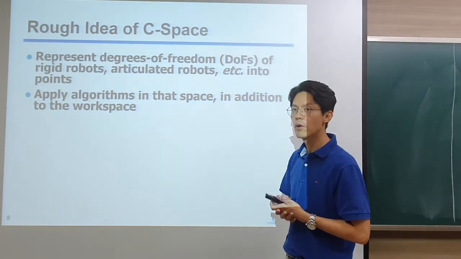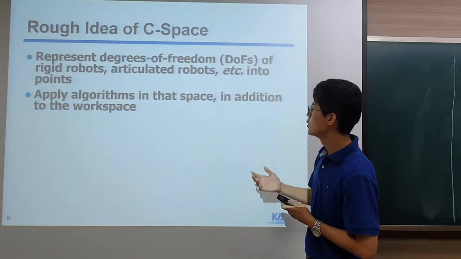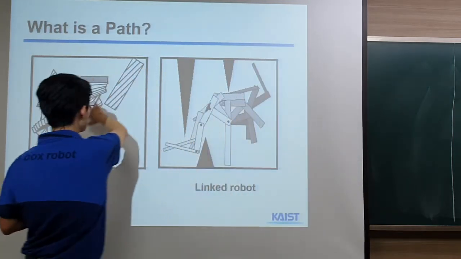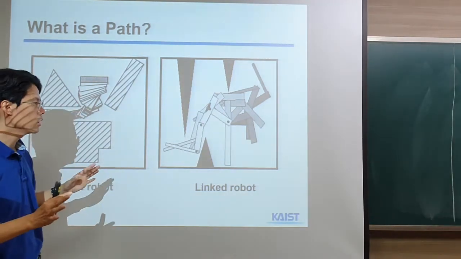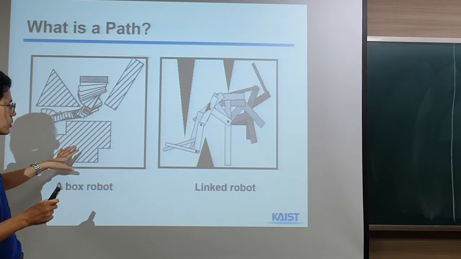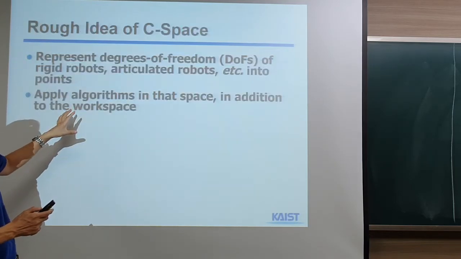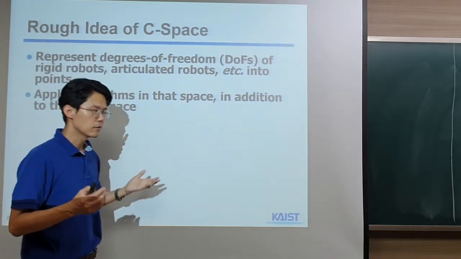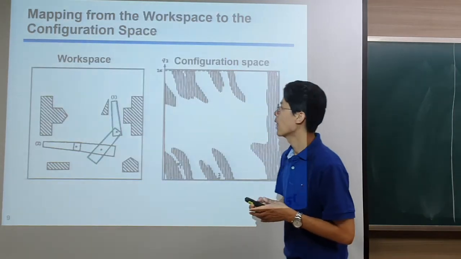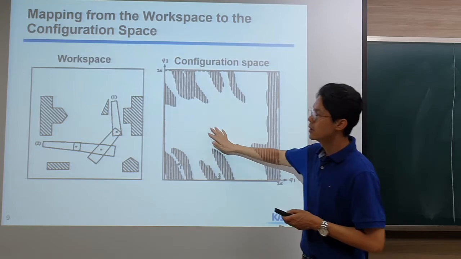When you're performing collision detection, obviously you need to specify the robot in the workspace and then do collision detection, so at one point you need to have a clear idea of the workspace. But if you are using the C space, you can represent this diverse set of robots in a very simple way. Also, I showed this one, this workspace.